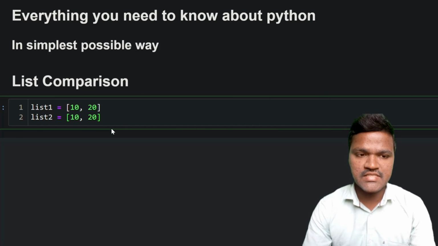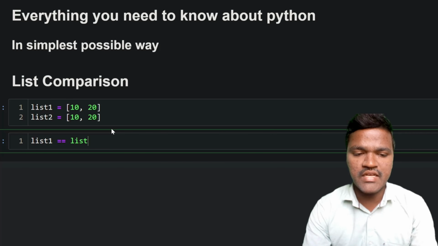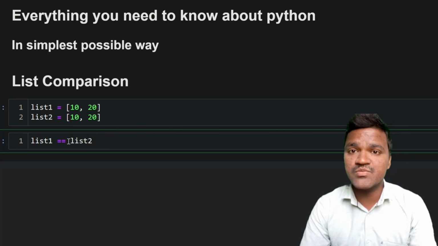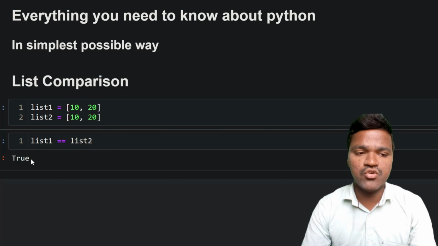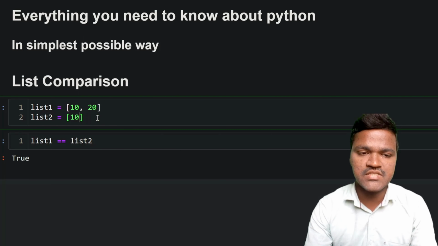Instead of doing this in here, I will take the next cell. So I am taking list1 == list2. Here I am checking whether list1 is equal to list2, so whether both are equal or not. If I execute this, it returns True, which means that list1 and list2 are the same. Now let's say I change this element and remove 10.